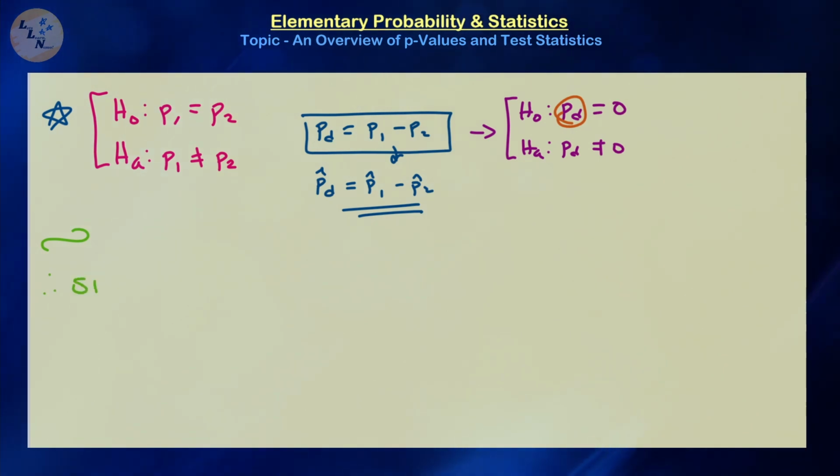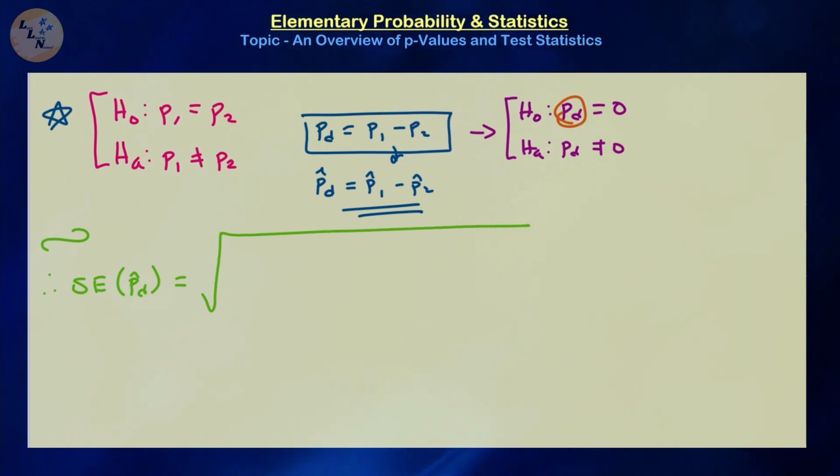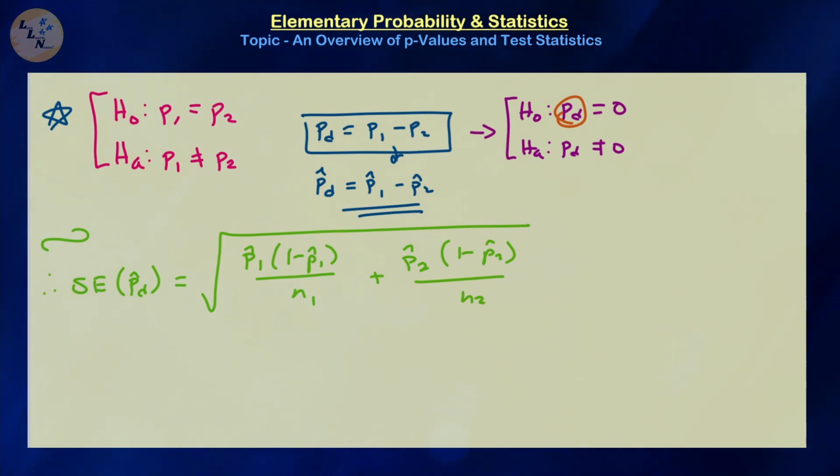So what is the standard error for this point estimate P hat D? One should be able to show that this is equal to the square root of P hat 1 times 1 minus P hat 1 divided by the sample size N1, plus P hat 2 times 1 minus P hat 2 all divided by N2.